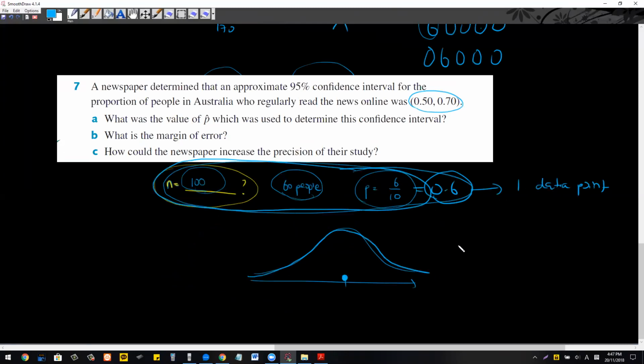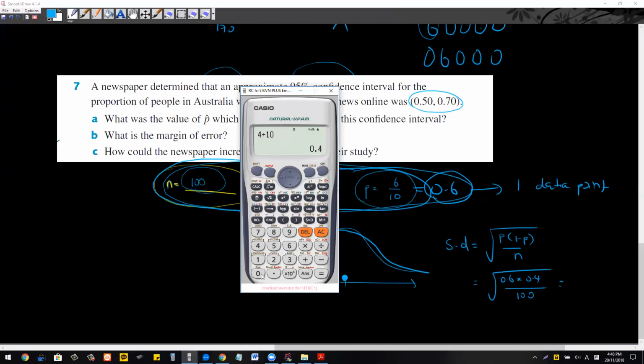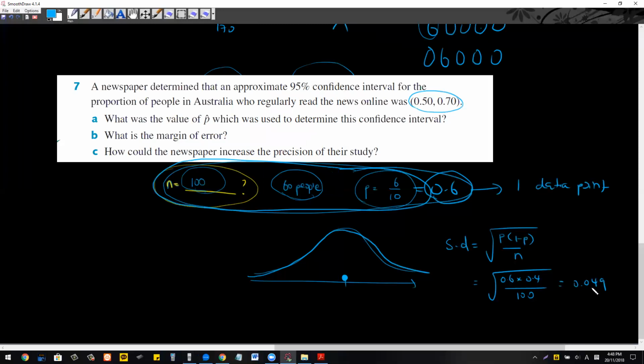How do you get a distribution like that with a standard deviation equal to the square root of P(1 minus P) over N? So this is equal to 0.6 here and then 0.4 here over how much? 100. If I do that, it's 0.6 times 0.4 divided by 100 and take the root of that. That's equal to 0.0490, like that.